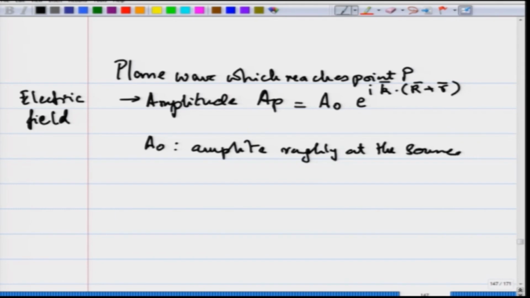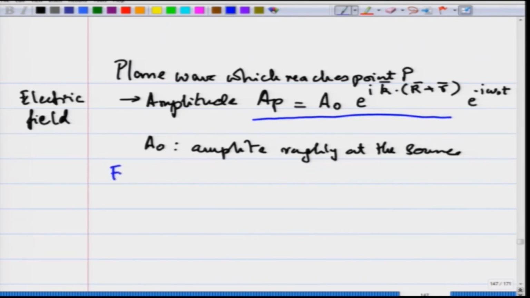And there is e raised to minus i omega naught t, where omega naught is the frequency of the wave. I am not writing that part, I am just considering this part of the term. It is a monochromatic X-ray, so there will be e raised to minus i omega naught t, which is the time dependent part of the wave. So, this is the amplitude of the wave which is reaching point P.